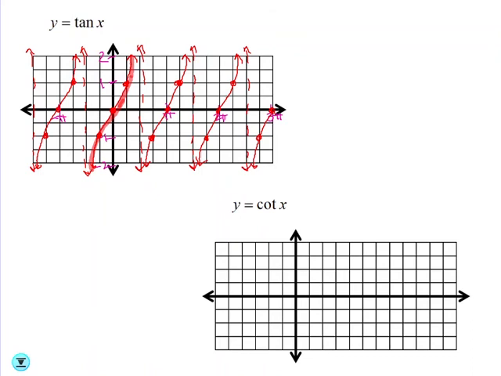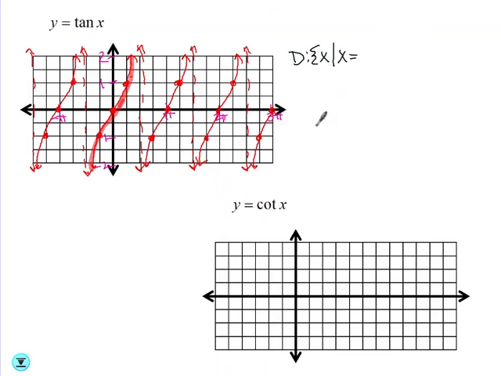Now, the domain and range for tangent functions are a little bit different. Since we have asymptotes, the domain is a little bit trickier. I'm going to write it in set notation. We have the set of all x's, because it's a domain, such that x does not equal the asymptotes. Well, if we continue this graph on forever, we will have an infinite number of asymptotes.